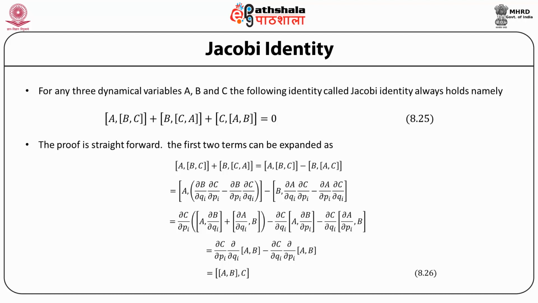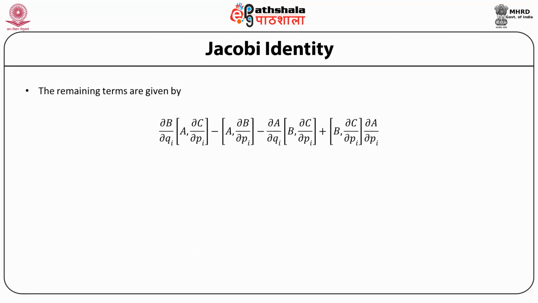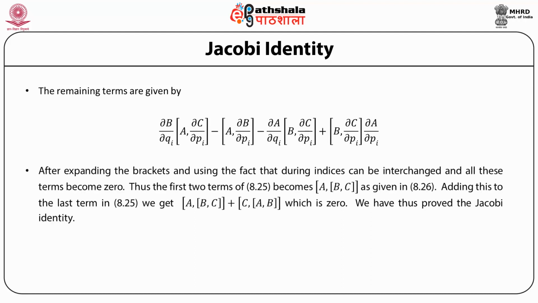And then we can see that this can be put in the form of the Poisson bracket of the Poisson bracket of A and B with C. The remaining terms can likewise be simplified, and after expanding the brackets and using the fact that dummy indices can be interchanged, all these terms become 0.